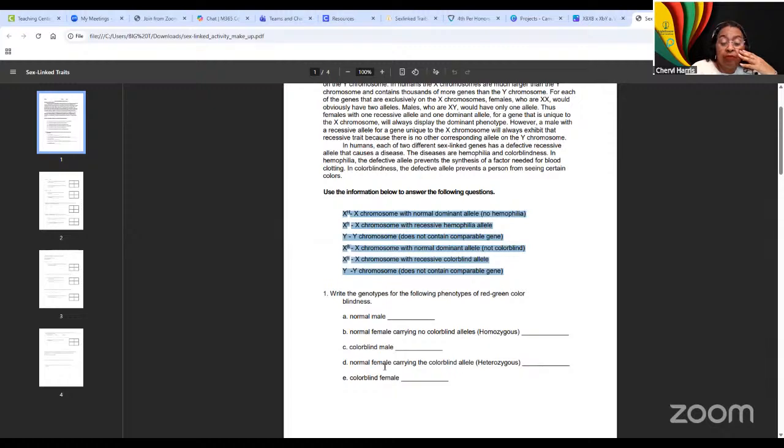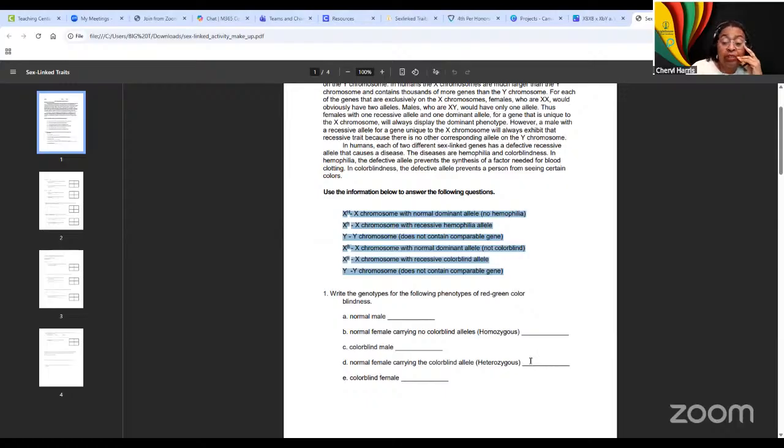All right, a normal female carrying the colorblind allele. Okay, so she is going to have one X with a capital B, and her second X will have a lowercase b. She is not colorblind, but she's carrying the gene for colorblindness.